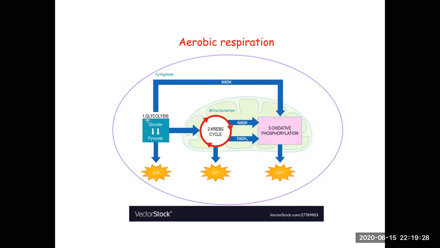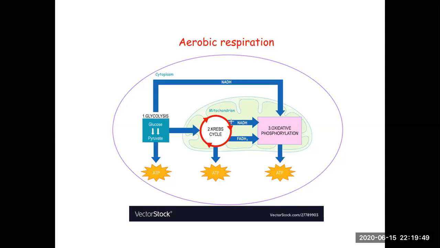But in the cytoplasm, glucose is converted into pyruvate. In the cytoplasm, that pyruvate or pyruvic acid is then transported inside the mitochondria. It will pass the outer membrane and then it has to pass the inner membrane in order to undergo the next phase of aerobic respiration, which is the Krebs cycle.